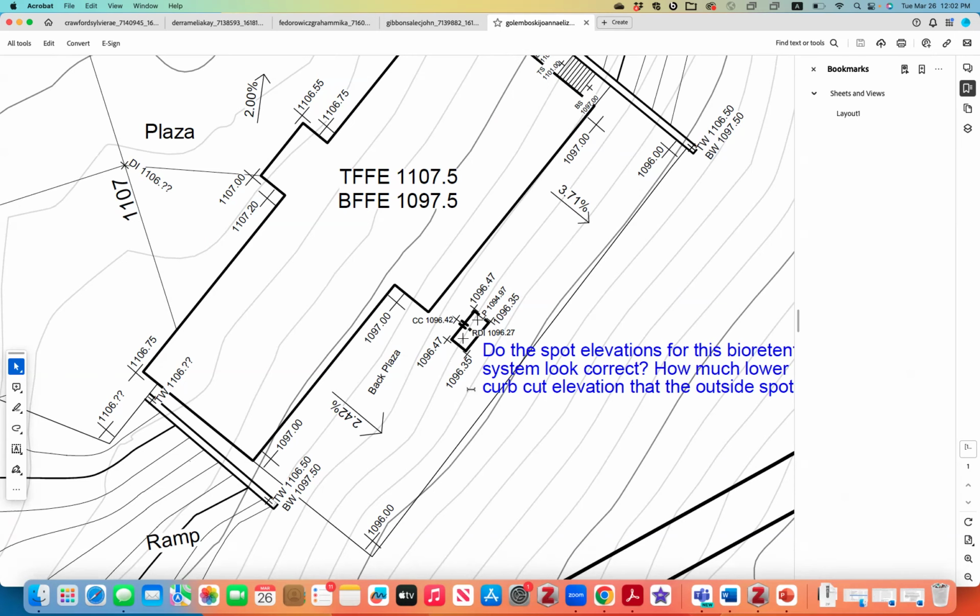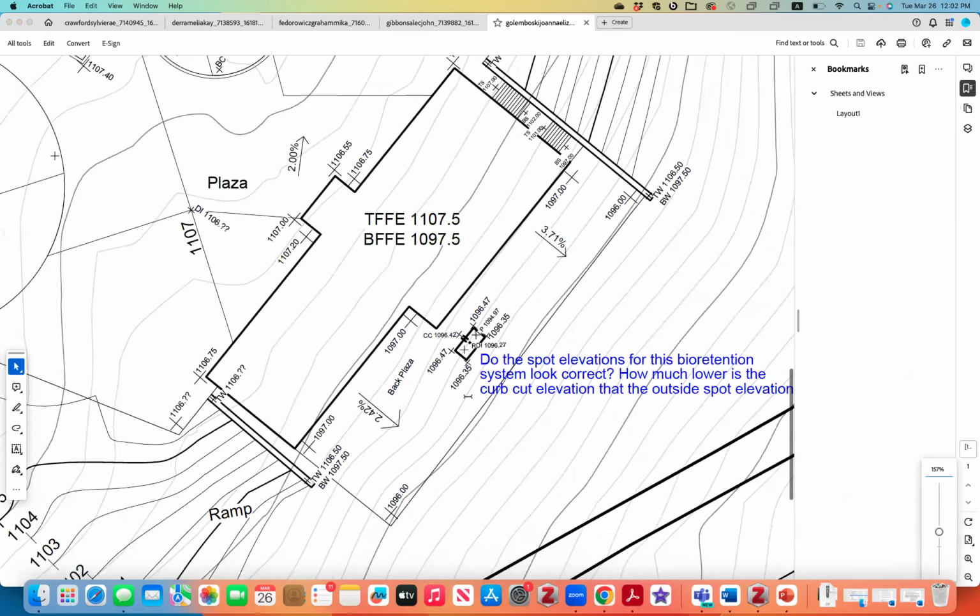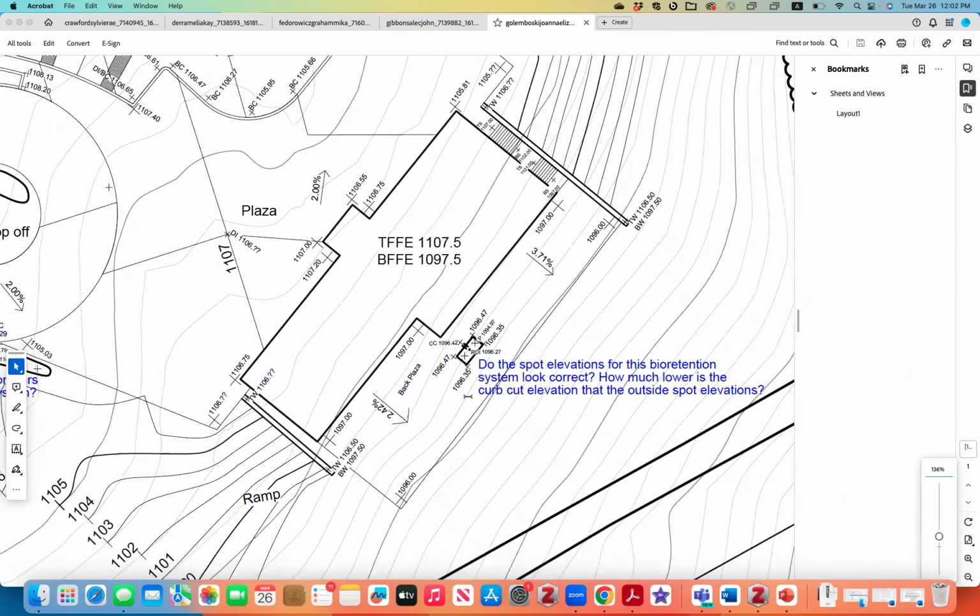All right, I'd say you need more. It seems like it is accepting only this little area, if there's no roof water getting in. It's only treating this little area, so that's not enough.